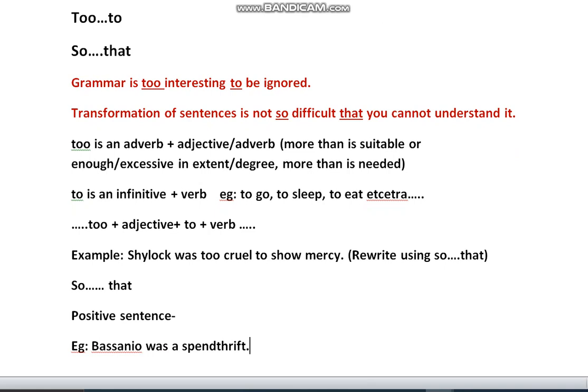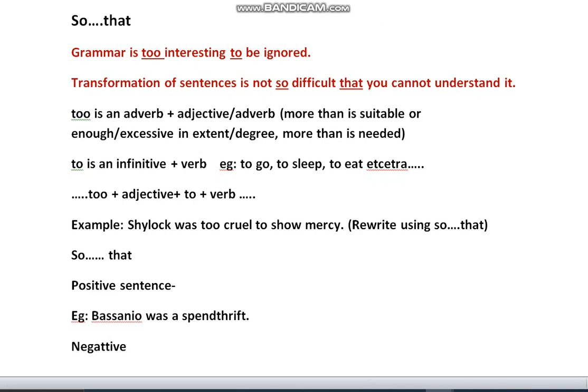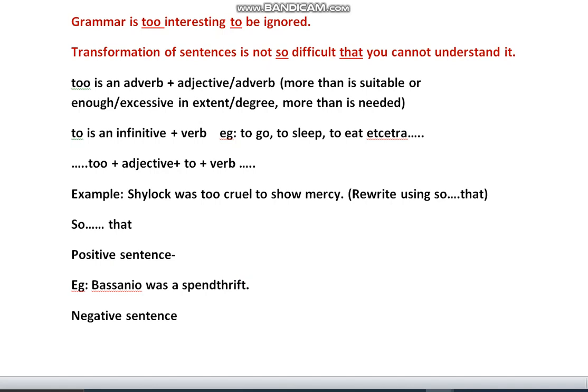As against this, a negative sentence expresses its falsity using the words no, not. So a negative sentence of this will be: Bassanio was not a spendthrift. I hope you've got it.